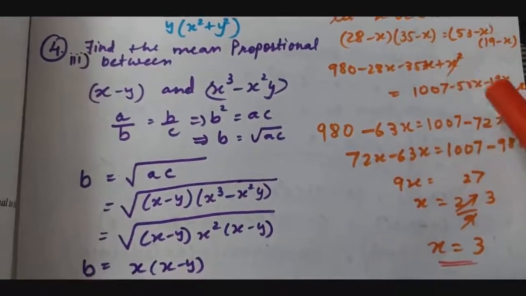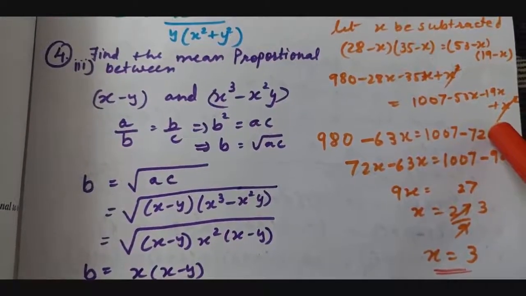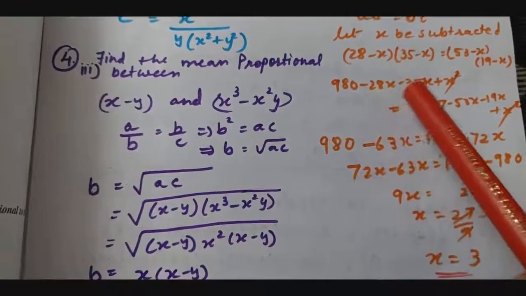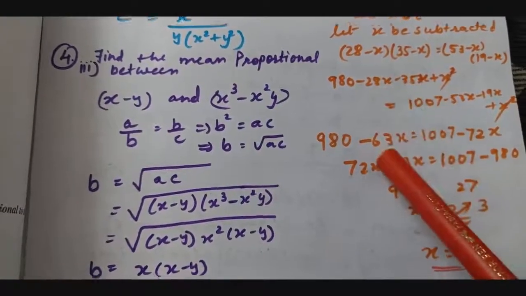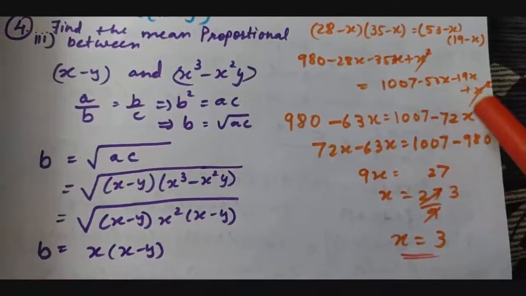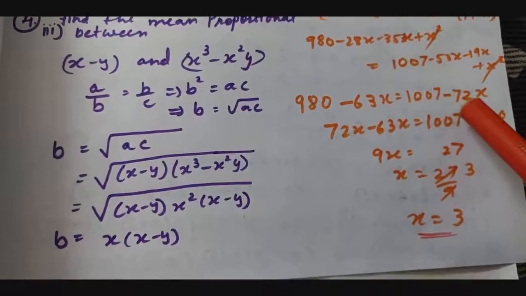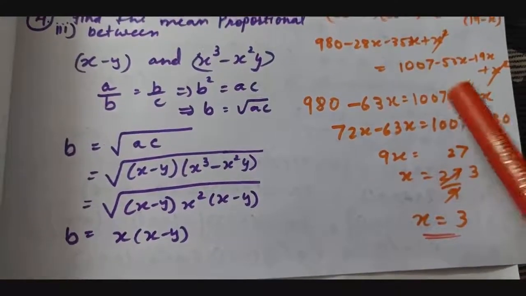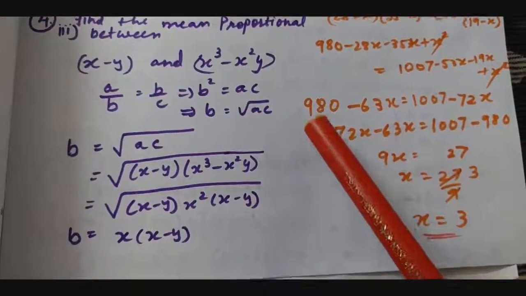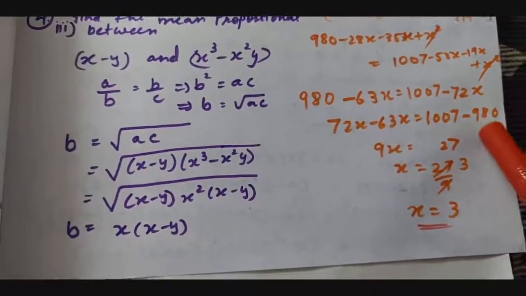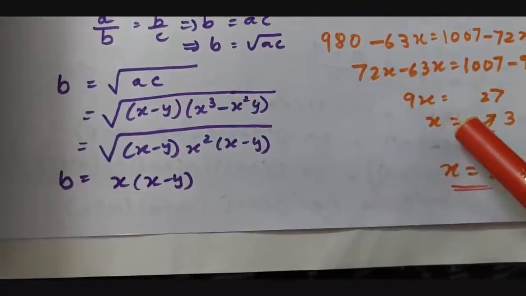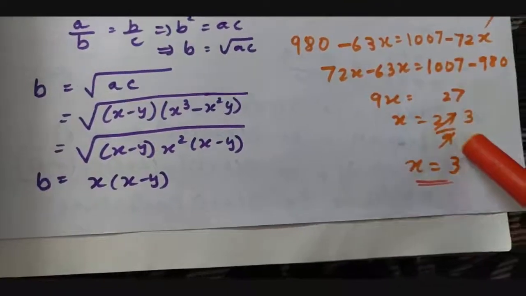Now x square from both the sides gets cancelled, and the remaining x terms we add and put here. Then here also x terms add and put here. Now to solve this, taking minus 72x on the left side becomes plus and 980 on the right side becomes minus. And solving further, 9x is equal to 27, so x is equal to 3.